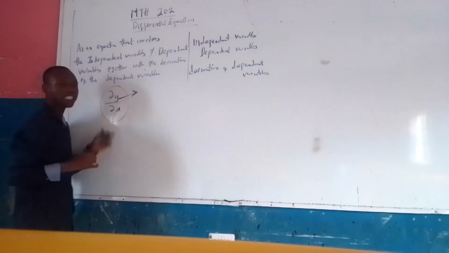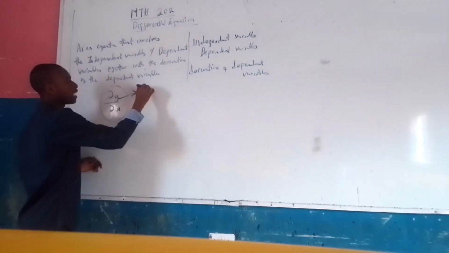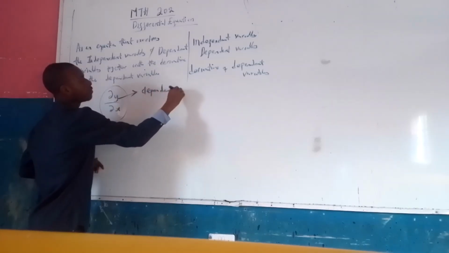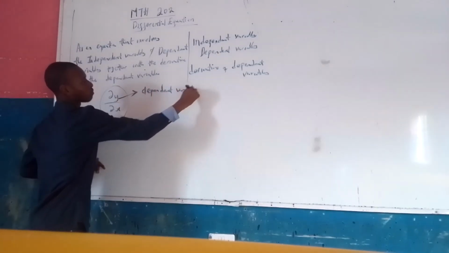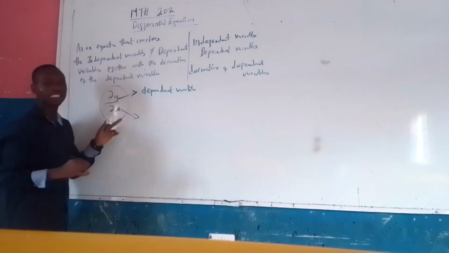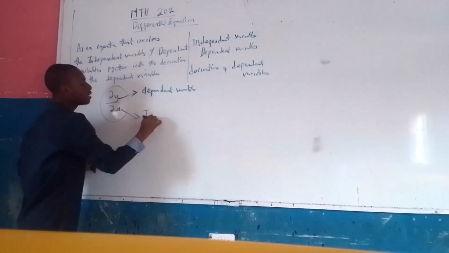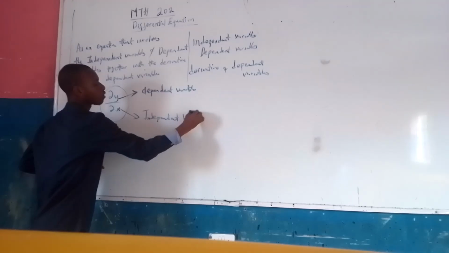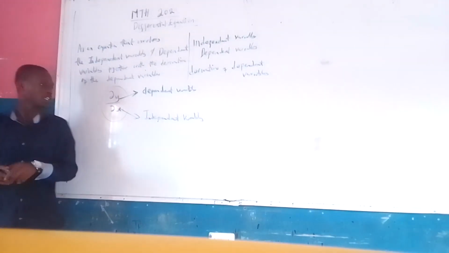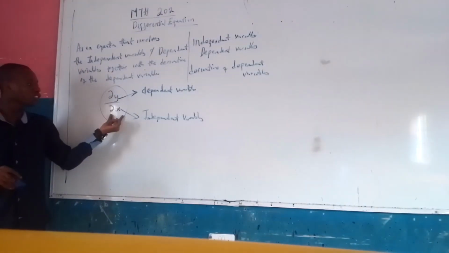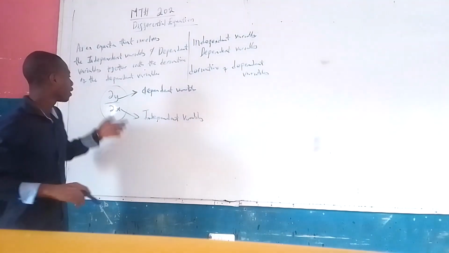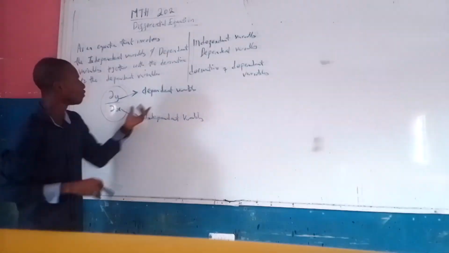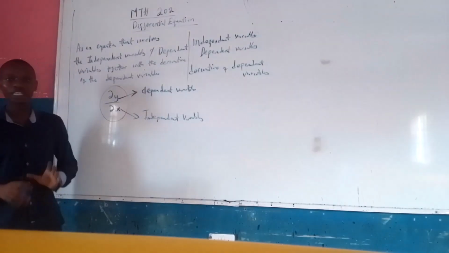Your dy here is called the dependent variable, while your dx here is your independent variable. That is, y depends on x. That's the meaning of your dependent variable and independent variable.